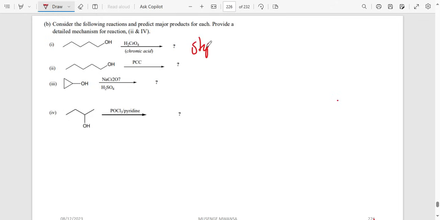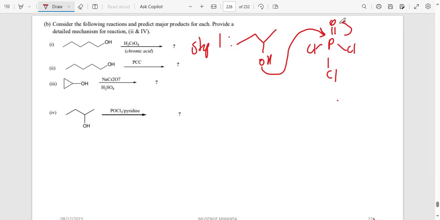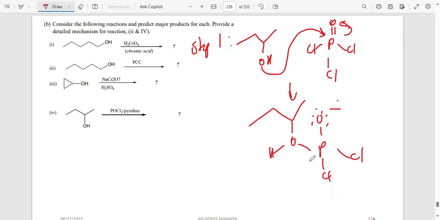In step 1, what you have is our alcohol here. Now we are using POCl3, so that is a P double bond with O. Then you have got 3 chlorines. This oxygen again attacks just as usual. That bond breaks. We have got oxygen with a hydrogen, phosphorus, oxygen. Now this is going to have a lone pair, a chlorine, a chlorine, a chlorine.